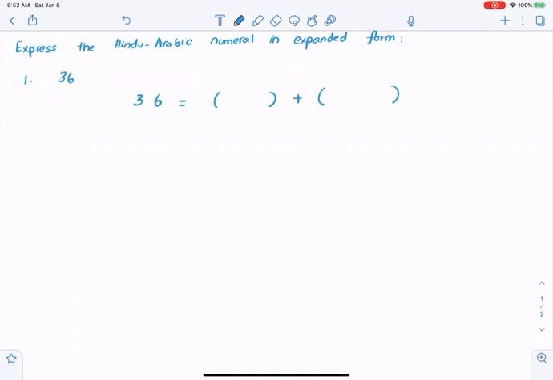So 10 raised 0 multiplied by the number in the first position or the first place, which would be 6, plus 10 raised 1 multiplied by the second digit or a number in the second position. So 10 raised 0 is 1.